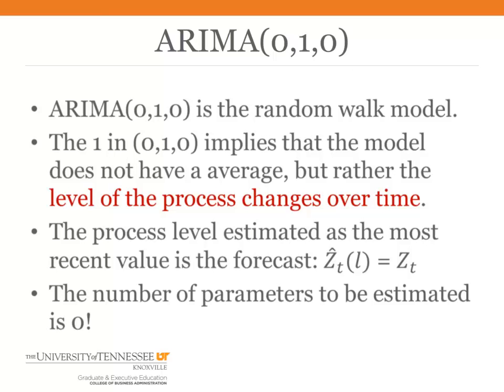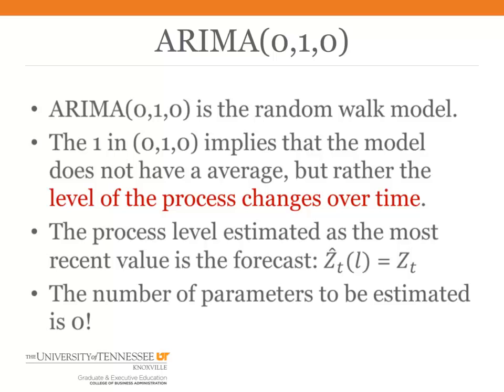Next, let's look at that second number in the triplet, the number that we referred to as D. That number, if it's 0, tells us that the process has an average. In other words, we're using the simple average, or we're using, say, the autoregressive model. Those were both examples of processes where we have an average. If we change that number to a 1, that means that the process does not have an average, but the level of the process changes over time.